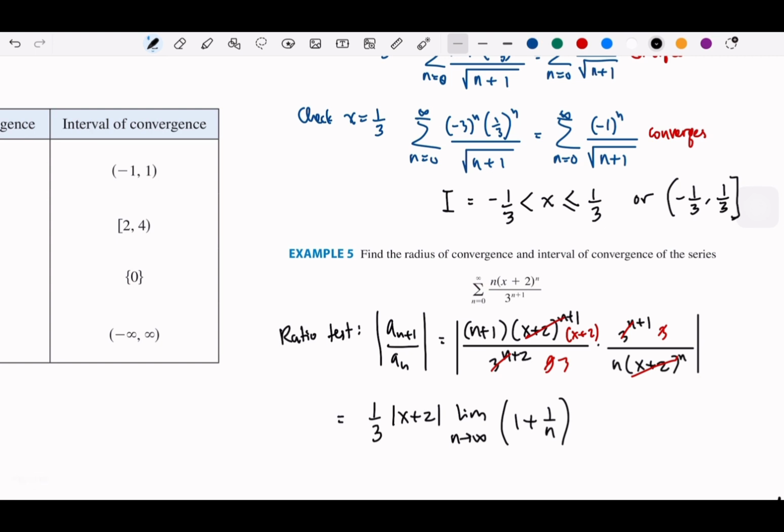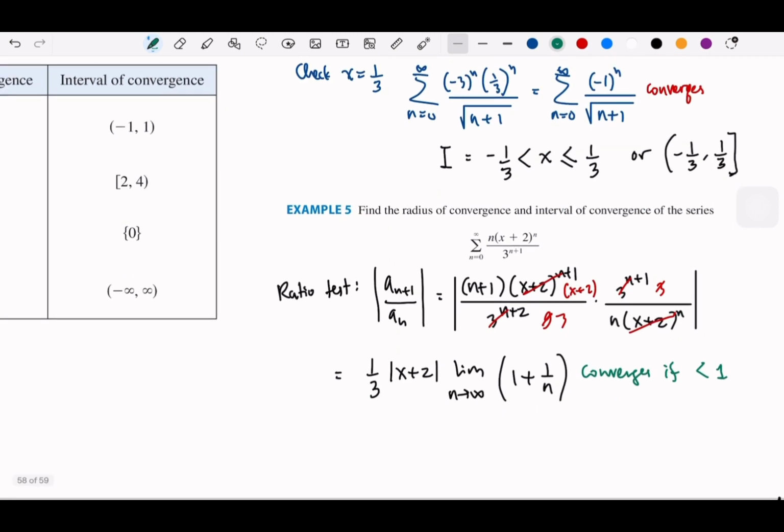Now, if the question asks for the radius of convergence, what will it be? We can say this converges if it is less than 1, right? So how do we know the radius of convergence? This part, right? But which one? What is the radius?